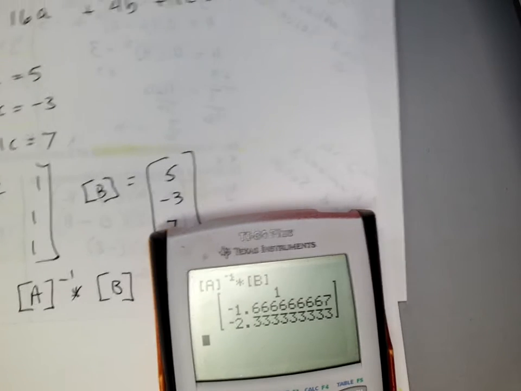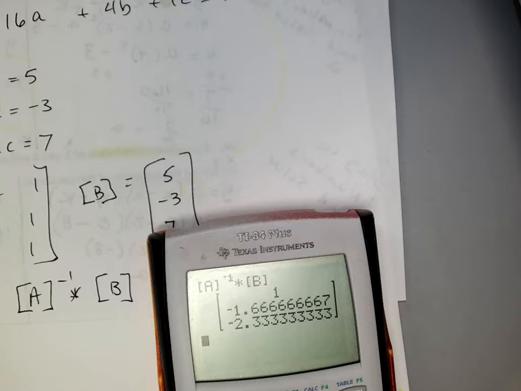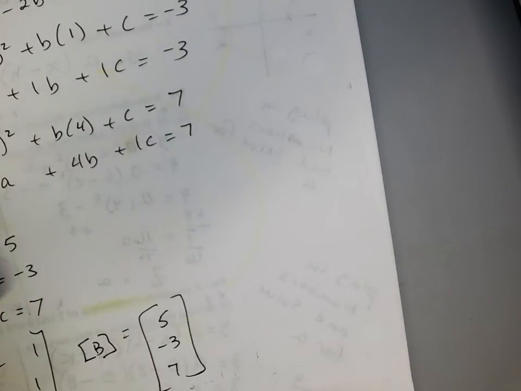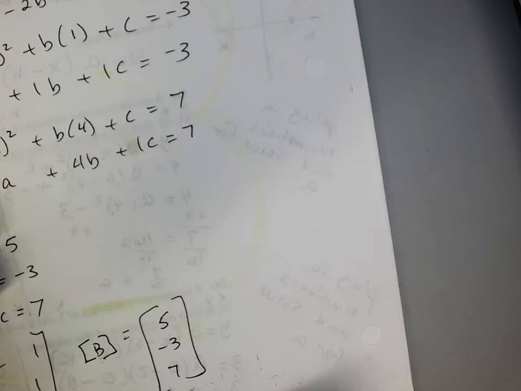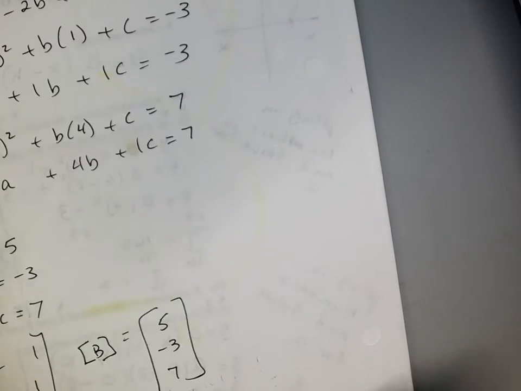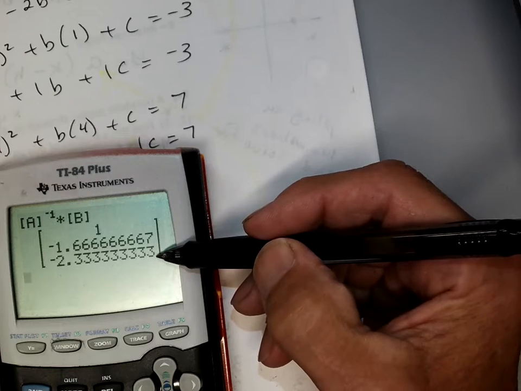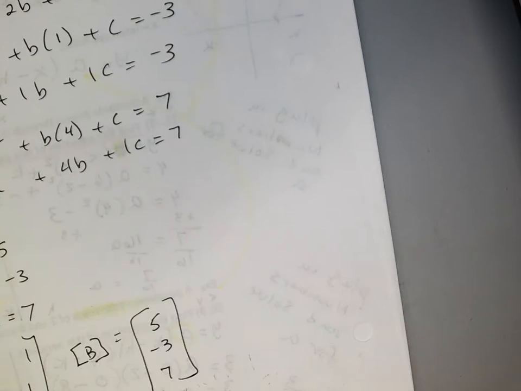Okay, so what did I get? Negative 1.6666. Yeah. So my answer is this. I got a 1, a negative 1 2/3, and a negative 2 1/3. Okay, just trust me on that decimal thing, right? 2/3, 1/3, right? 0.3333. Everybody good on that? Okay, now, so what? Is that the answer?